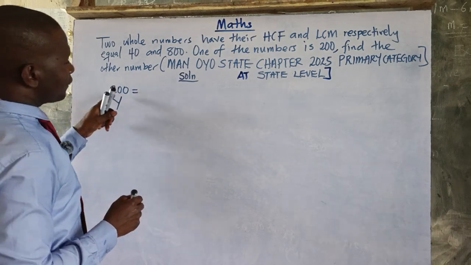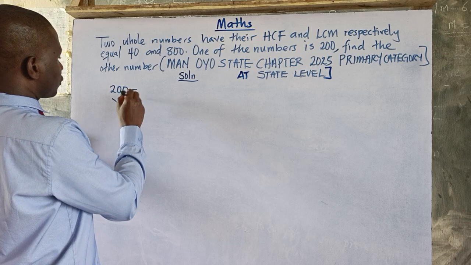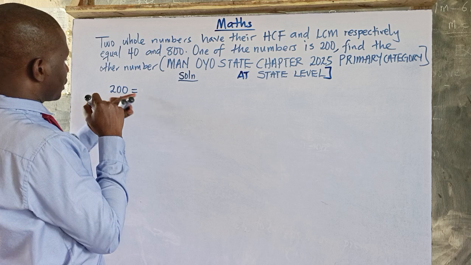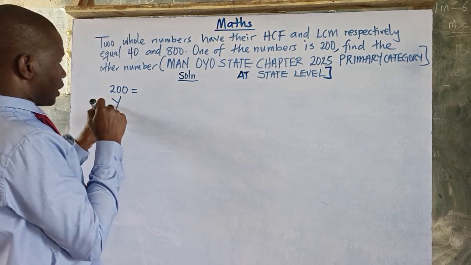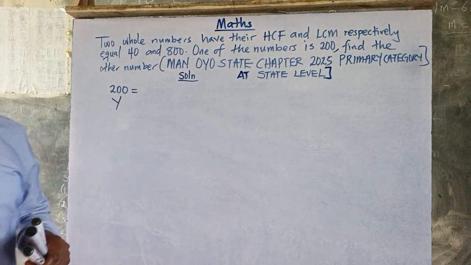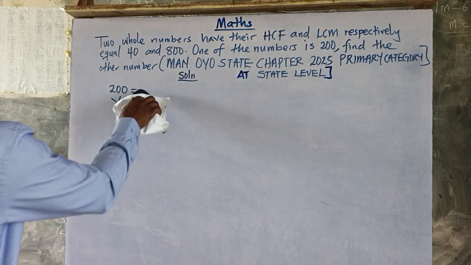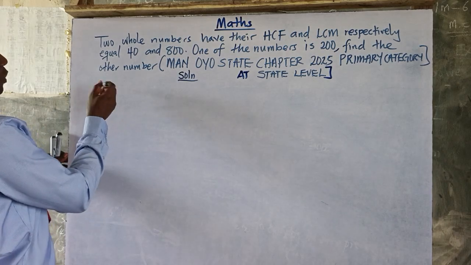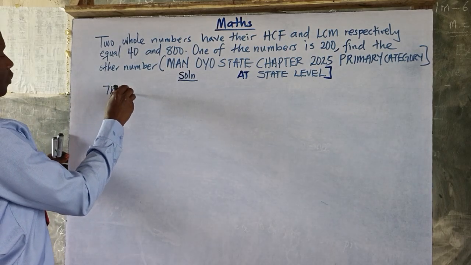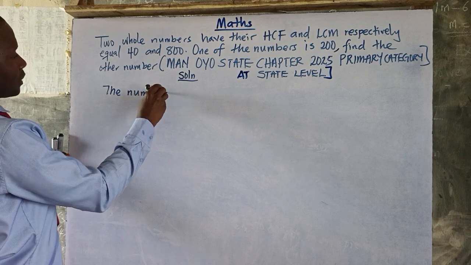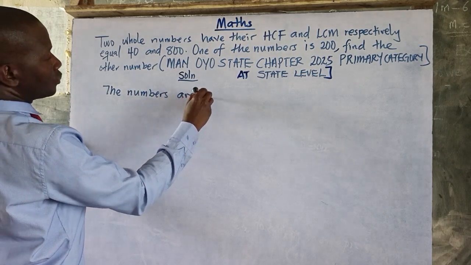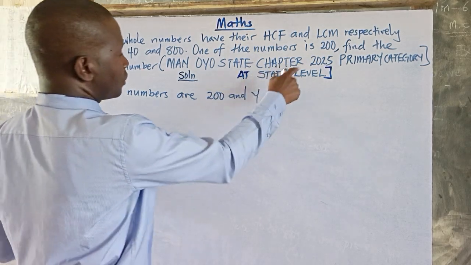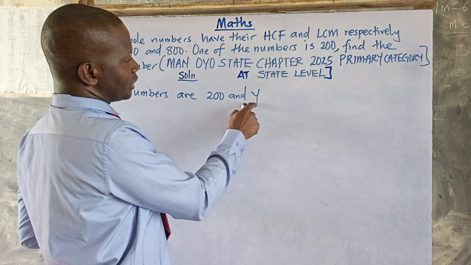So the numbers are 200 and Y. That is, one of the numbers is 200, then the other number is Y.